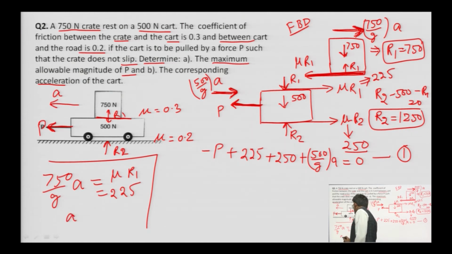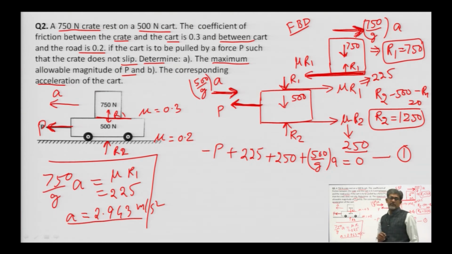So the value of A can be calculated from here, and it is 2.943 meters per second square. This is the value of A. Now we can calculate the value of P from here.